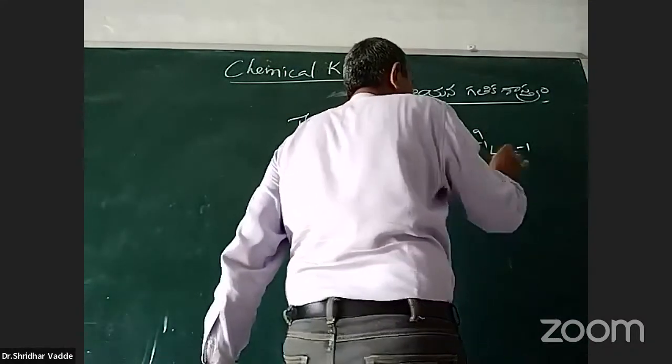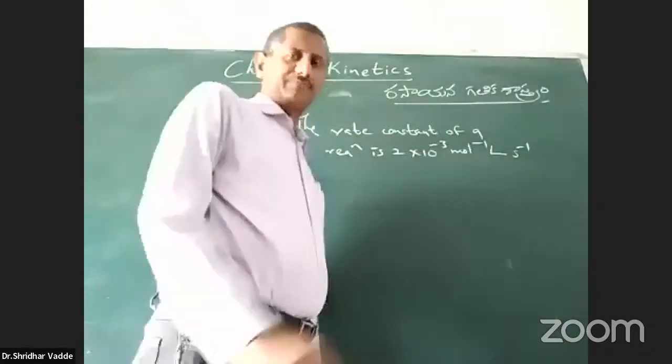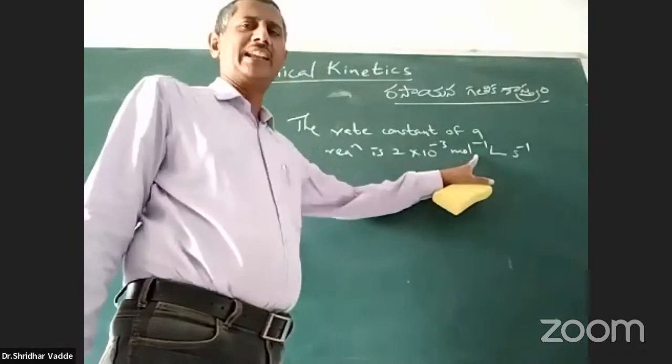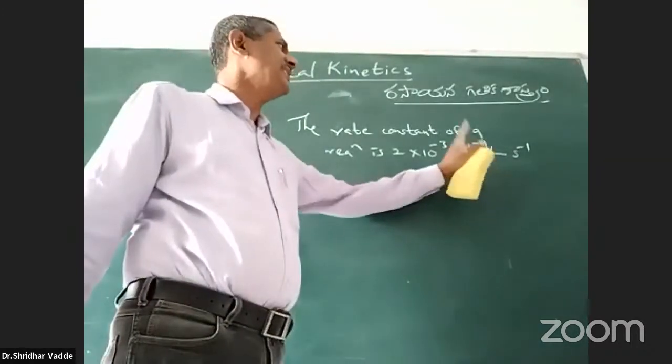And by watching the units, what's the order of the reaction? Second order. Just by units, we should be able to know whether it belongs to zero order, first order or second order. So by watching the units, we can say this is a second order reaction.